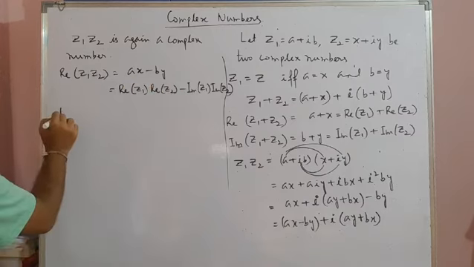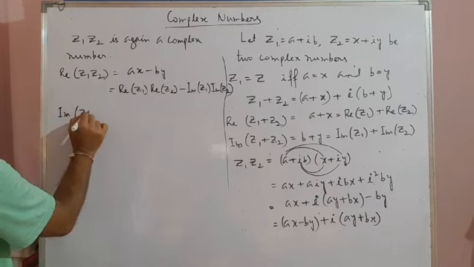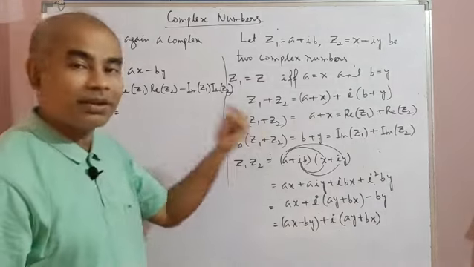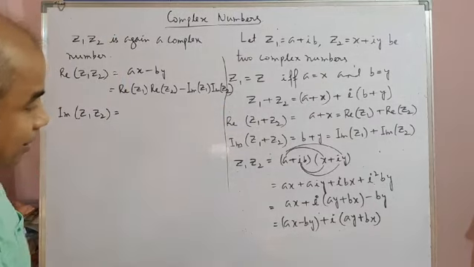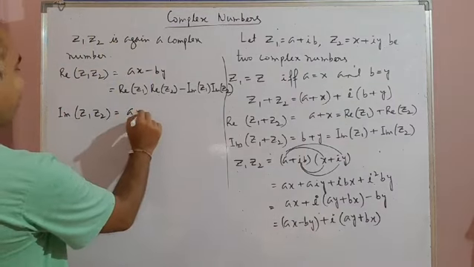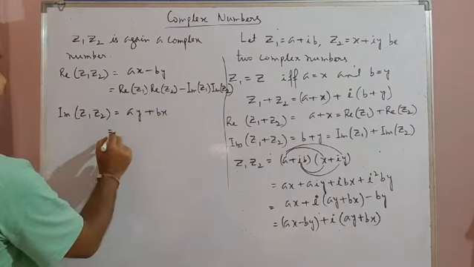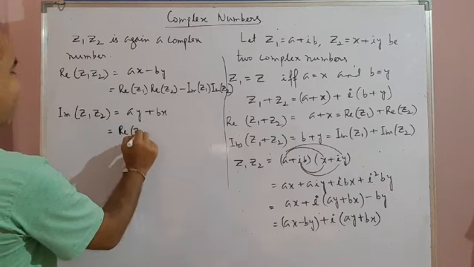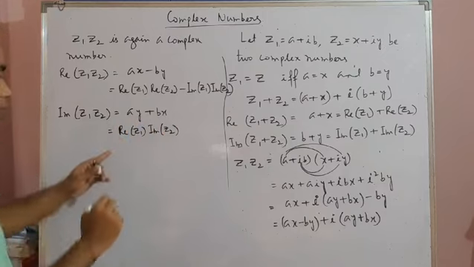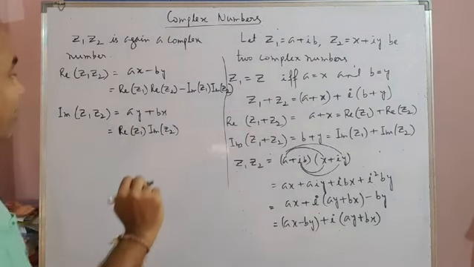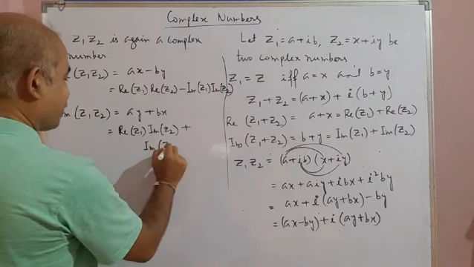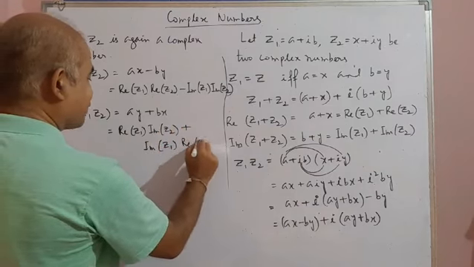Similarly, what is the imaginary part of the complex number Z1 into Z2, which is the product of two given complex numbers Z1 and Z2? It is AY plus BX. What is A? A is the real part of Z1. What is Y? Y is the imaginary part of Z2. The real part of the first complex number is multiplied with the imaginary part of the second, plus B, the imaginary part of Z1, times X, the real part of Z2.